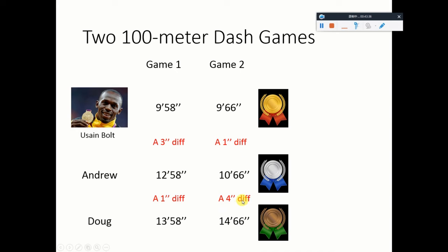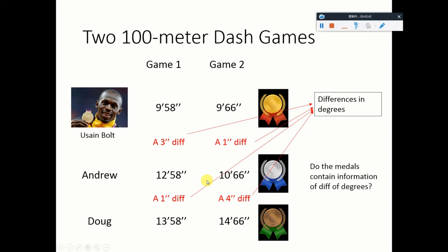A 4 second difference, that's a difference of degree. But all these differences in degrees are not contained in this medal system, right? So ranking tells us who's better, but how much better, we don't know.